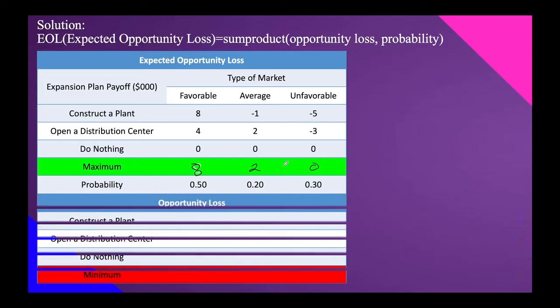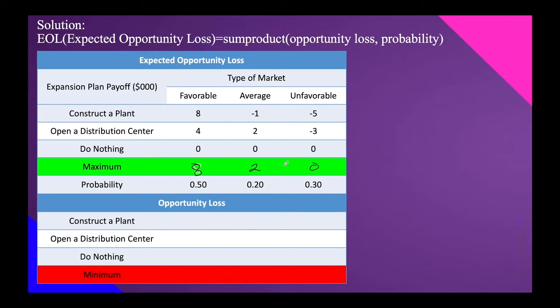And saan siya gagamitin? Now, we will be having our opportunity loss dito. So, construct a plant, opening a distribution center and do nothing. Ano yung mga opportunity loss dyan per type of market? Opportunity loss sa favorable market, opportunity loss sa average market, and lastly, what will be the opportunity loss for the unfavorable market? Ito yung reason kung bakit natin kinuha yung maximum.